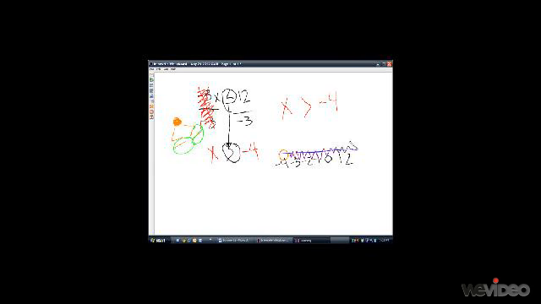That means that this is to the right of x.